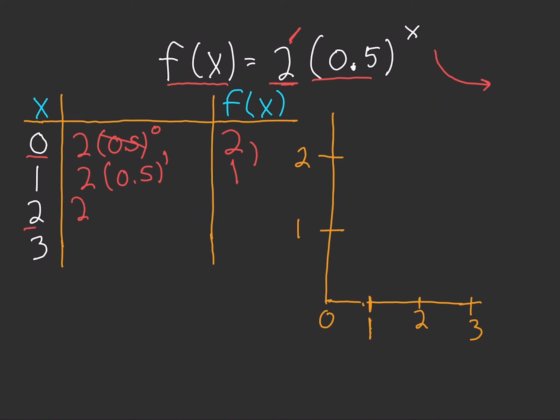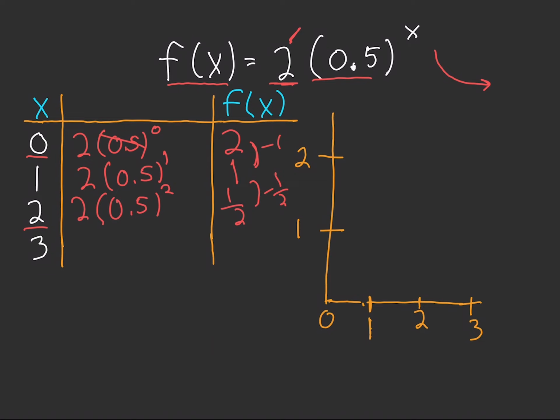Next one, I'm going to plug in 2 for the exponent, 0.5 squared. 0.5 squared is actually 0.25, times 2 is 1/2. So this decreased by 1, but this only decreased by 1/2. So it's actually slowing down how much it's decreasing.